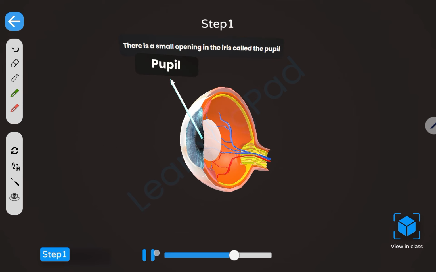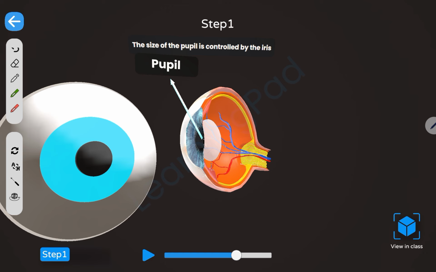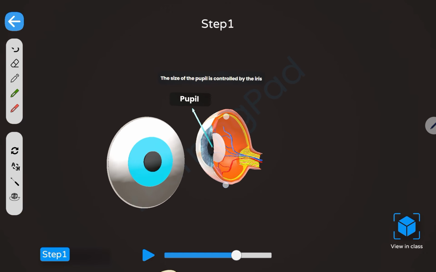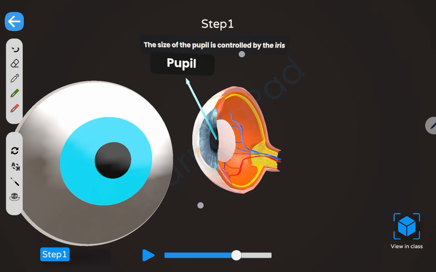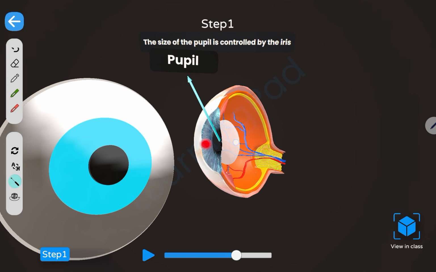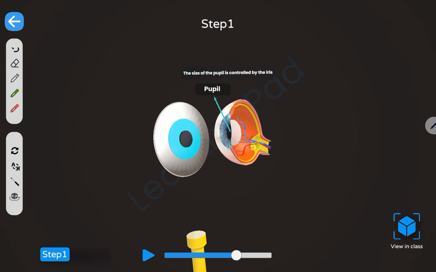The middle part, which looks like a black dot, is nothing but the pupil, and the size of the pupil is controlled by the iris. This black dot like structure is the pupil. It is surrounded by the iris, and the size of the pupil is controlled by the iris.